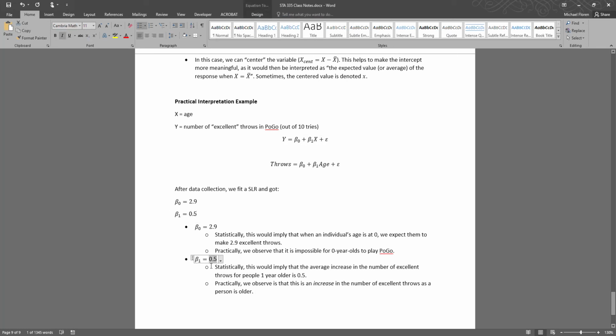If we increase 2 years, we're going to increase by 2 of this, so 1 excellent throw. And I might talk about that, again, trying to use round numbers to describe this. So if someone is 2 years older, we would expect them to make, on average, 1 more excellent throw.